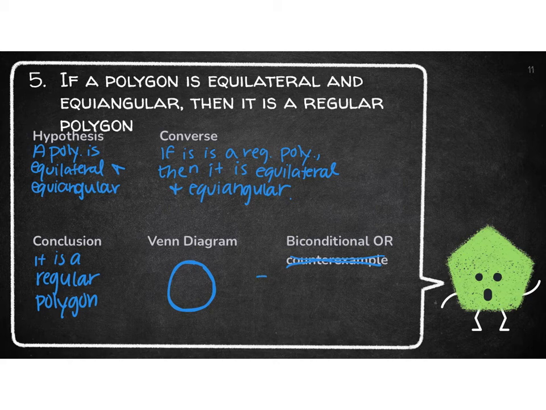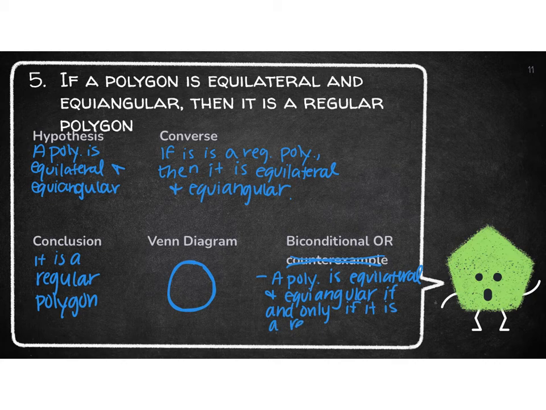One way is a polygon is equilateral and equiangular if and only if it is a regular polygon.